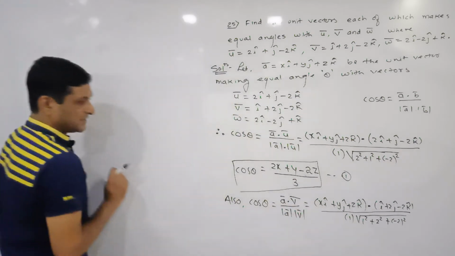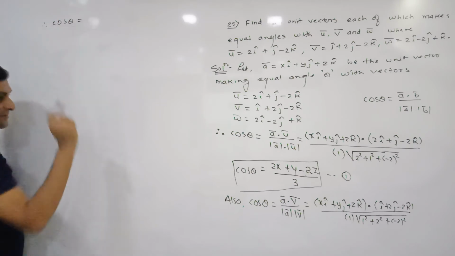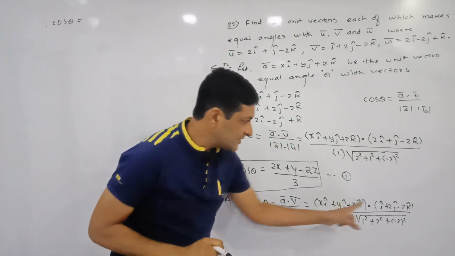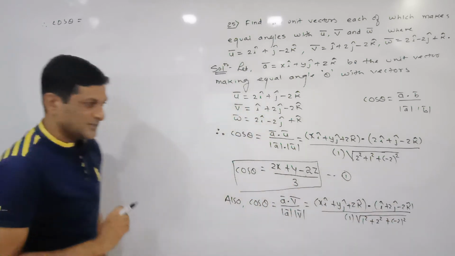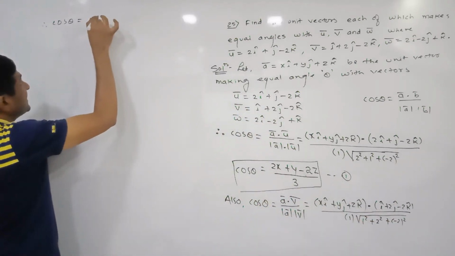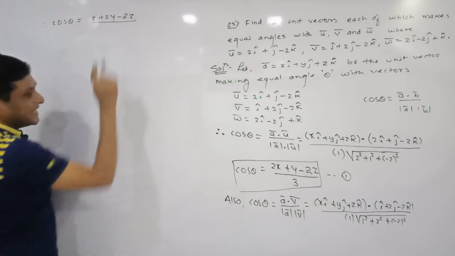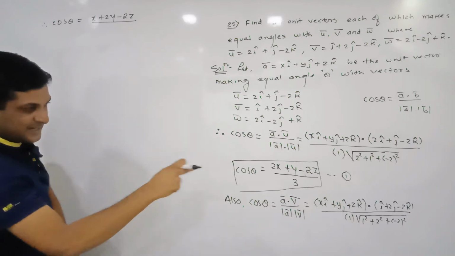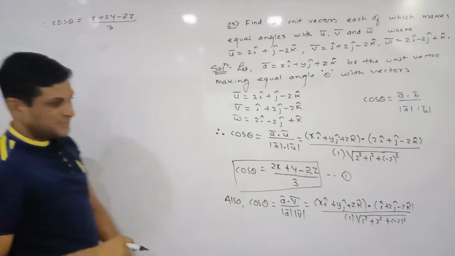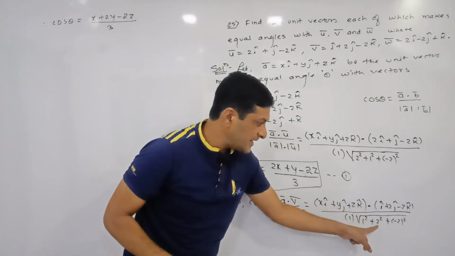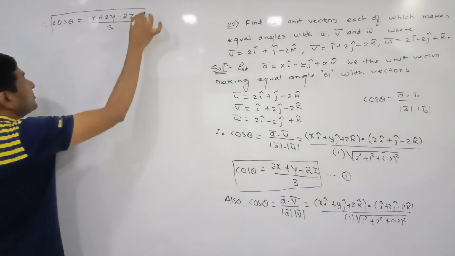Cos theta is equal to the dot product: x into 1 is x, y into 2 is 2y, and z into minus 2 is minus 2z. So we get x plus 2y minus 2z divided by 3, because 1 plus 4 plus 4 is 9, and the square root of 9 is 3. In this way we have got the second value of cos theta.